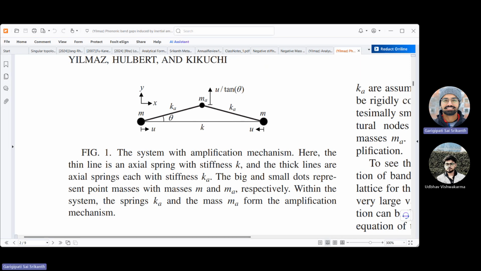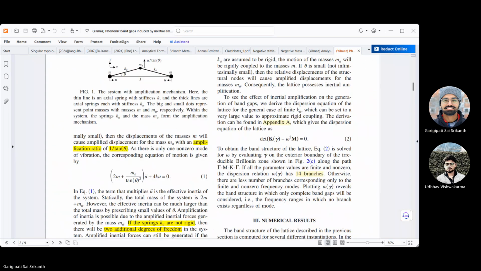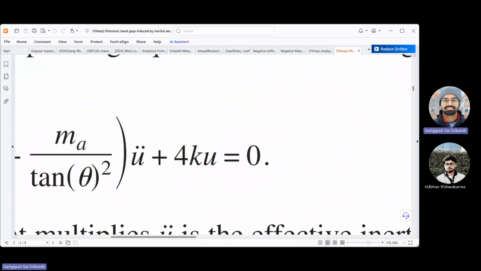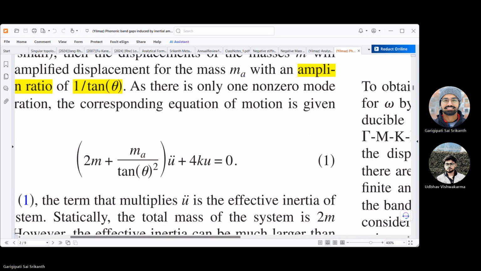So let's see what they have done. Right, so this is the equation, the monomer equation.